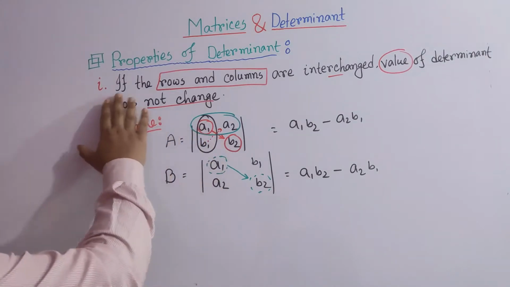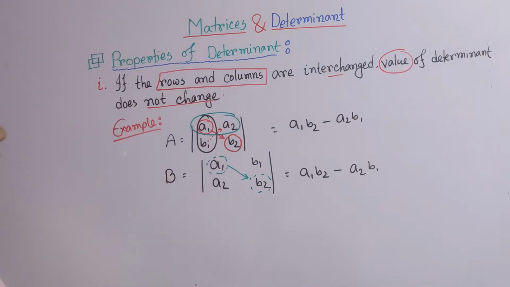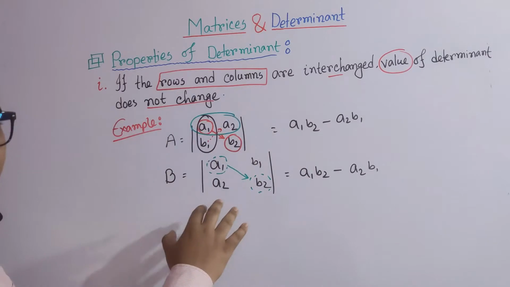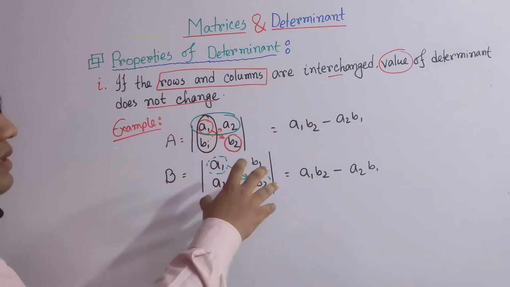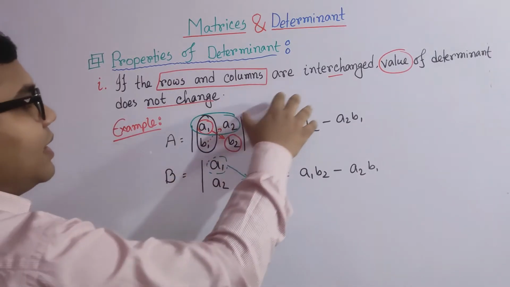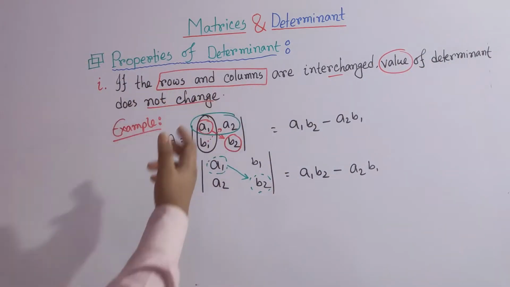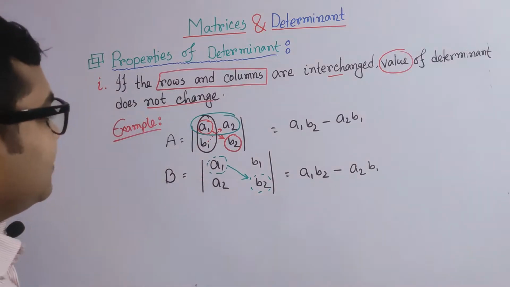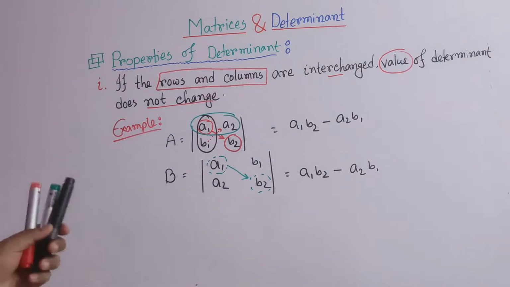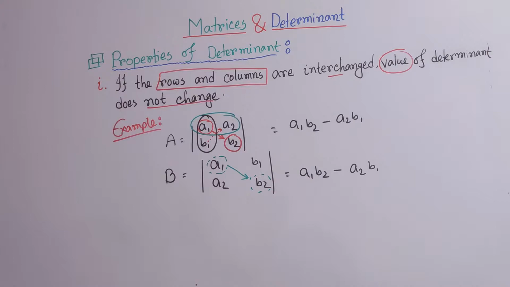That's why we can say our first rule is: if one row or one column, or rows and columns of a matrix are interchanged, then the value of the determinant does not change. So this is our rule number 1.